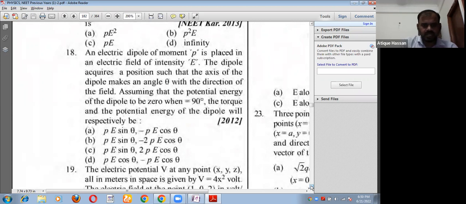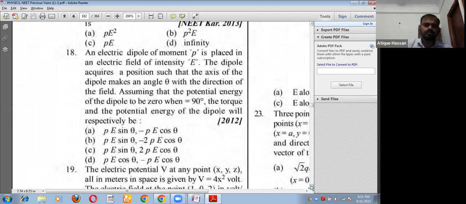Assume that the potential energy of the dipole is zero when theta equals 90 degrees. The torque and potential energy of the dipole will be respectively.